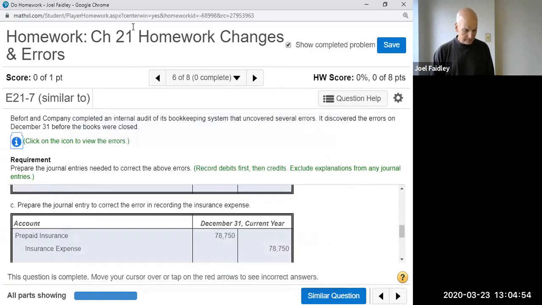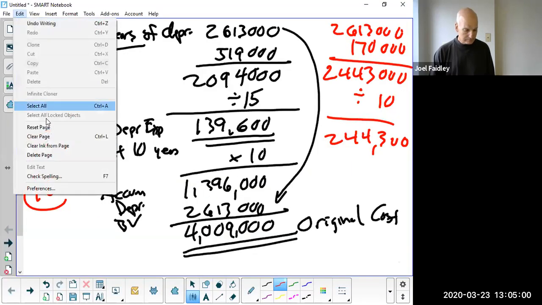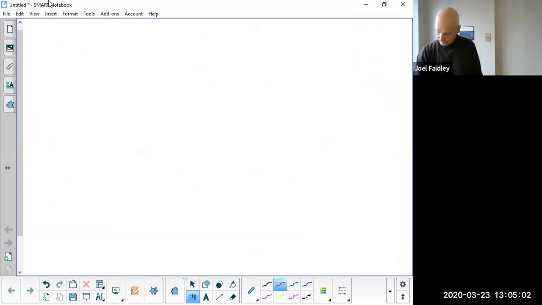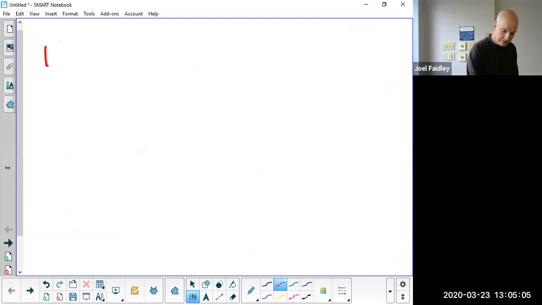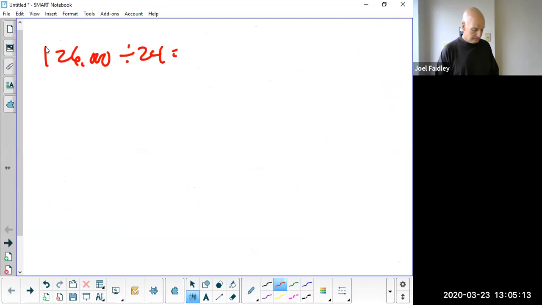So what entry do we need to make? $126,000 divided by 24, it's 2 years, is how much per month? That should be taken out of prepaid and put into insurance expense if it had been done correctly. But they've recorded the entire $126,000 as insurance expense, haven't they? So 126 divided by 24, it's $5,250.